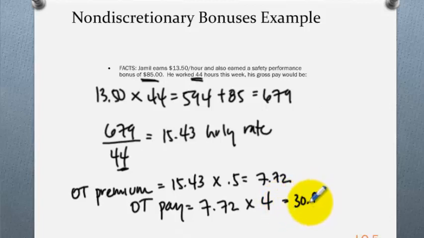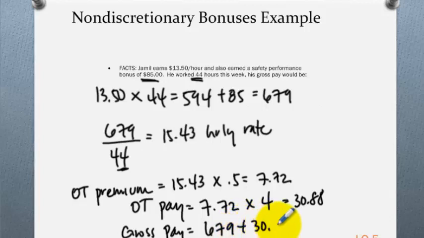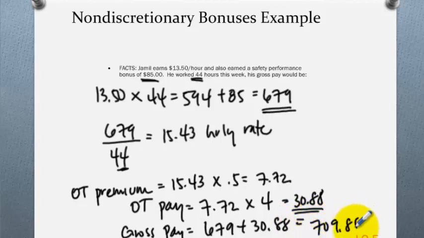So he's got overtime pay of $30.88. His gross pay, we take the $679 plus the overtime pay of $30.88, and so his gross pay is $709.88. And that's bonuses and commission.